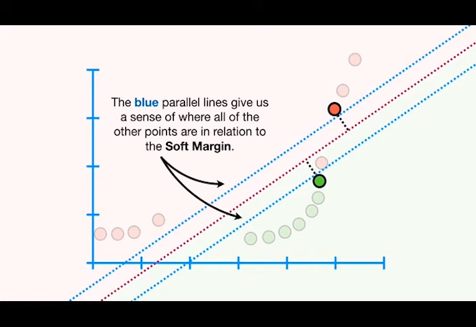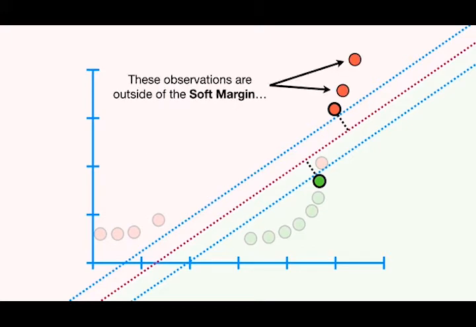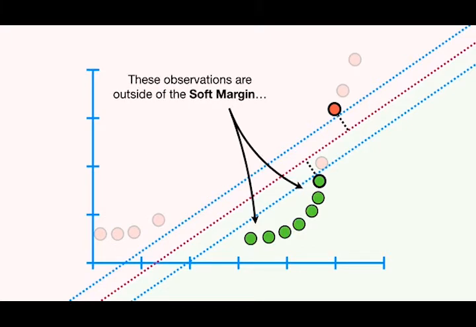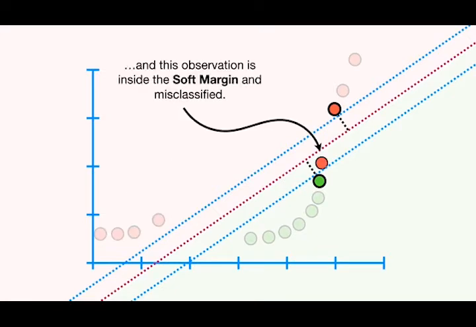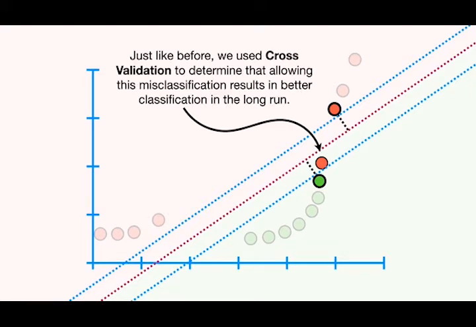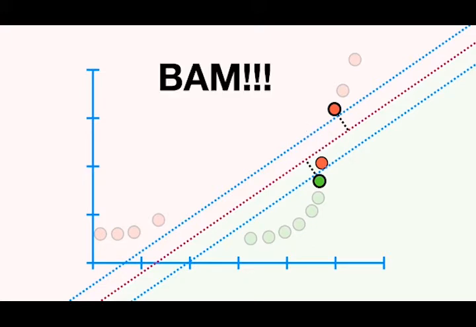The blue parallel lines give us a sense of where all of the other points are in relation to the soft margin. These observations are outside of the soft margin, and this observation is inside the soft margin and misclassified. Just like before, we used cross-validation to determine that allowing this misclassification results in better classification in the long run. BAM!